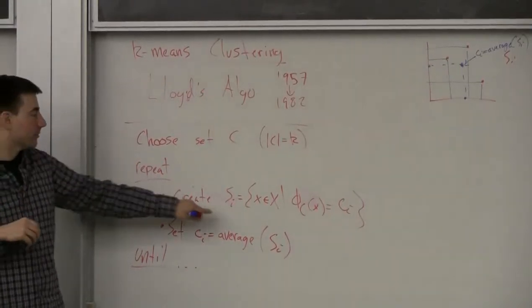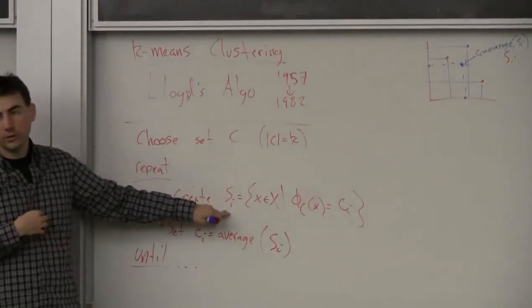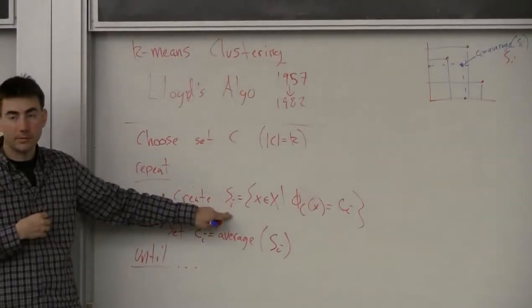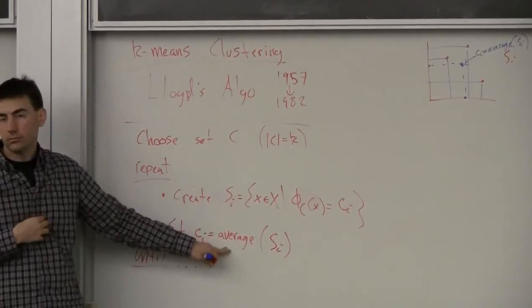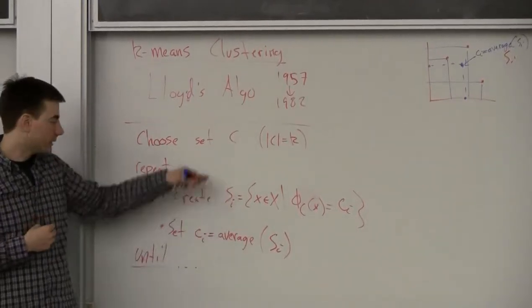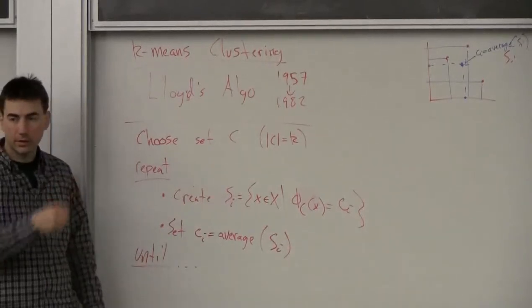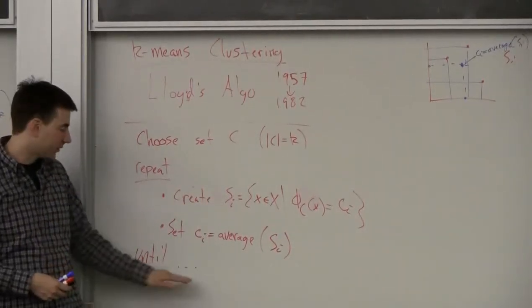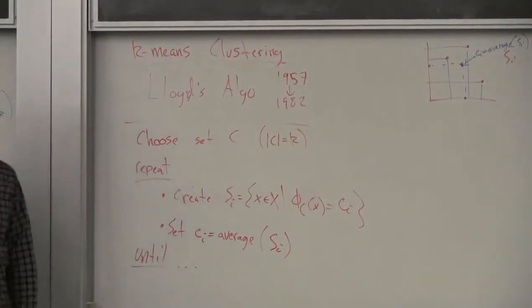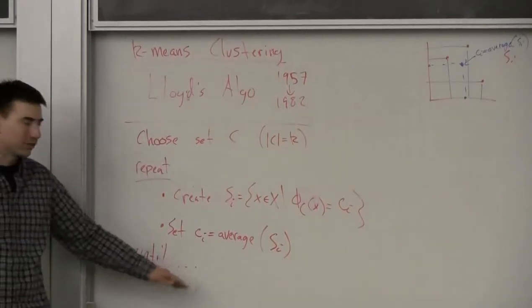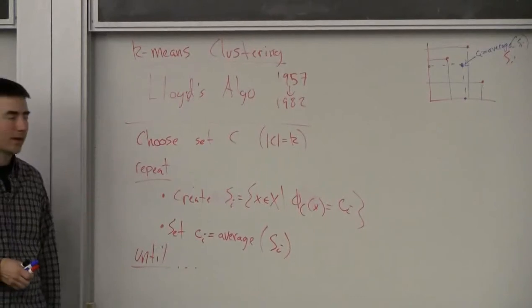This then chooses a new set of assignments, and then I need to recreate the average again. And this is going to keep repeating until some condition is met. Okay. How you set this condition we'll discuss.